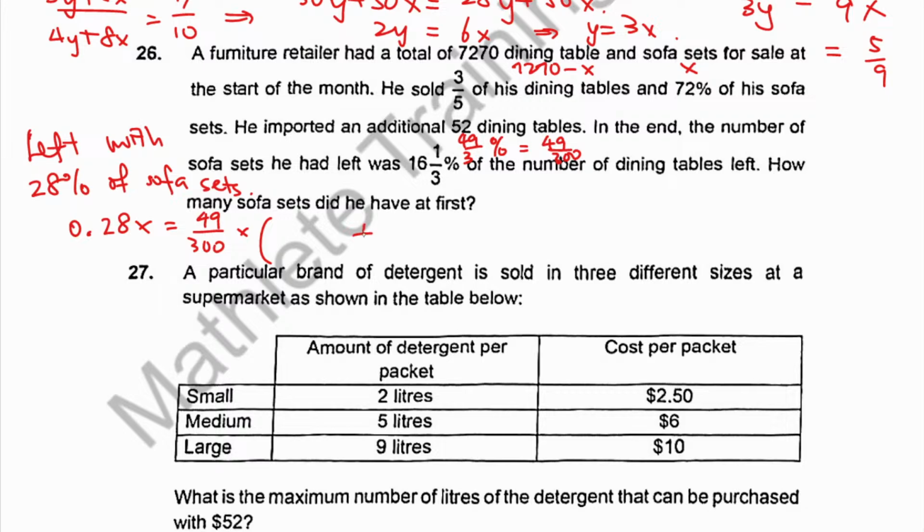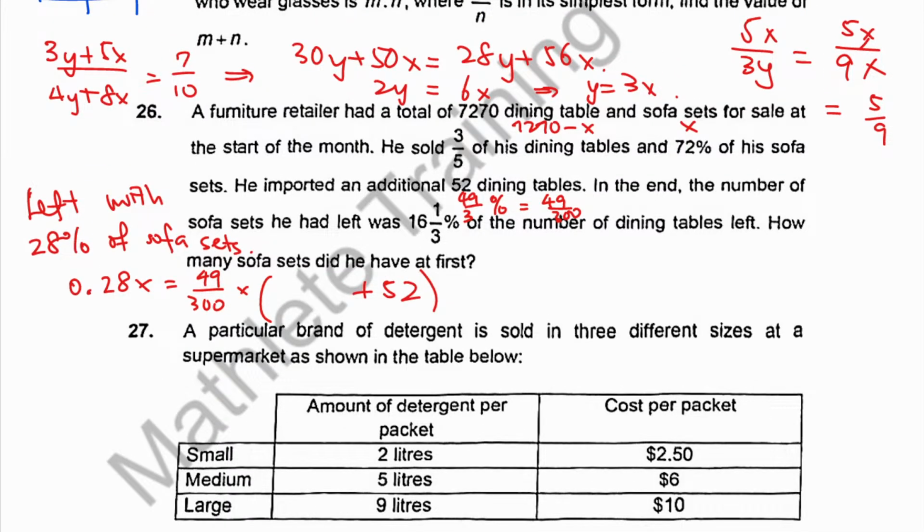So it's something plus 52. And what is that something? He had 2/5 of his 7270 minus x dining tables, right?